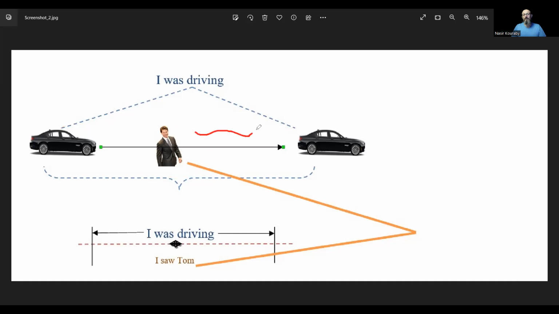Then I continued driving. So the questions here, we have two actions here, driving and I saw Tom. So again here we say which action started first. Which action started first?